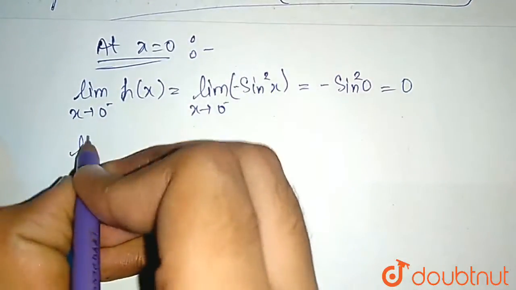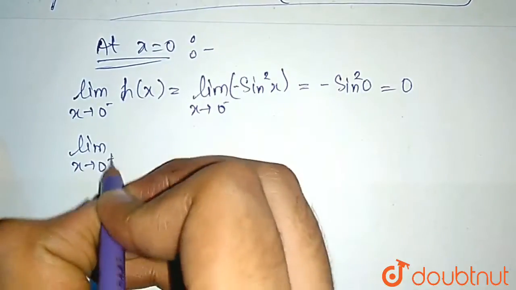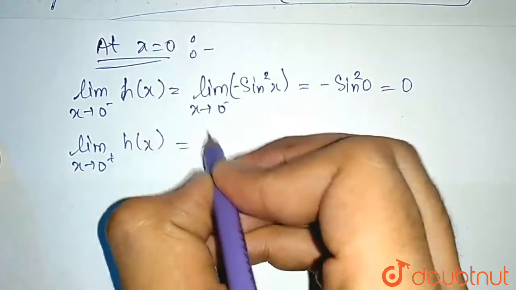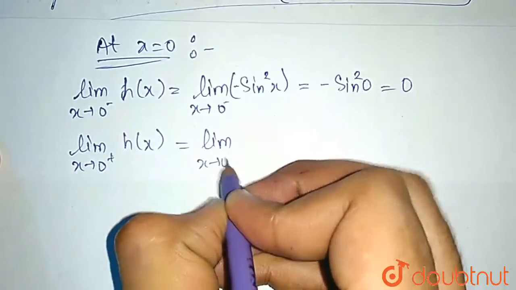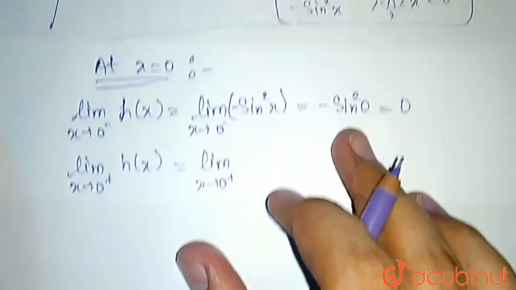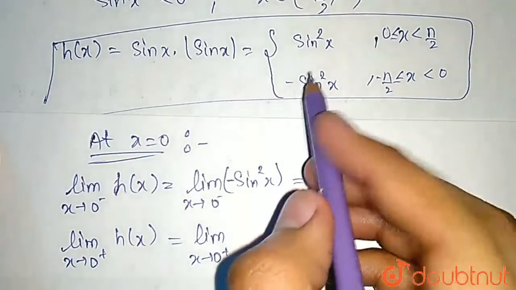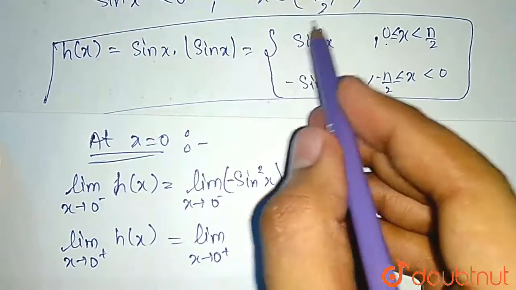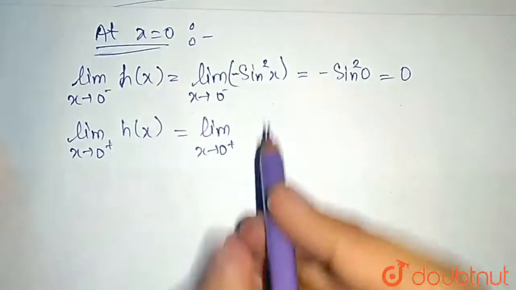Now let us check the right hand limit, limit x tending to 0 positive h(x). For x greater than or equal to 0, we have h(x) equal to sin square x.